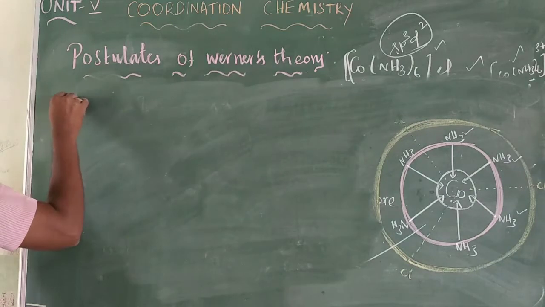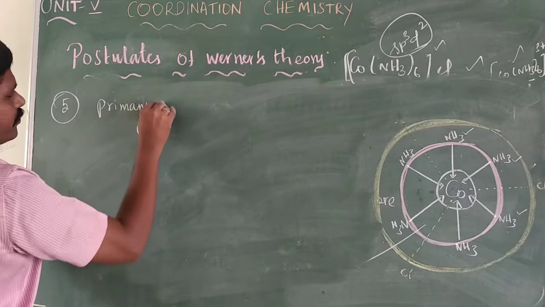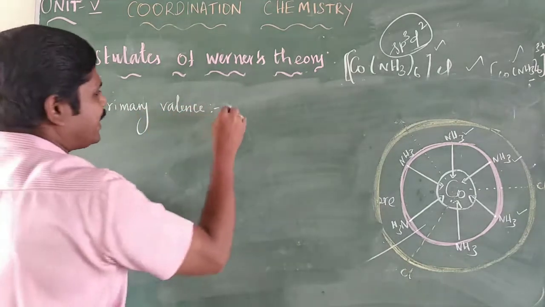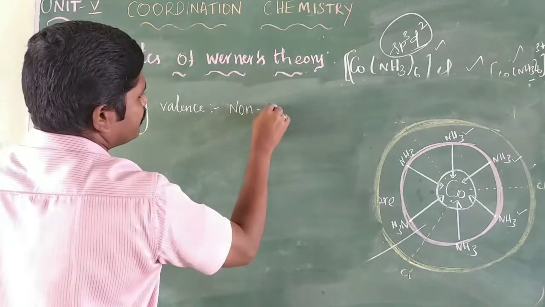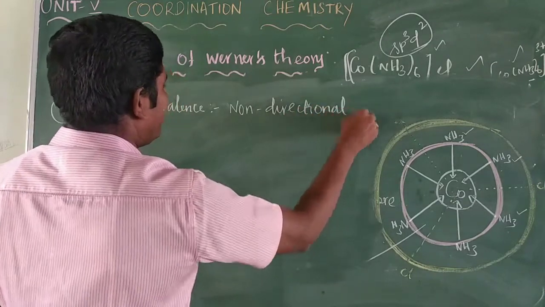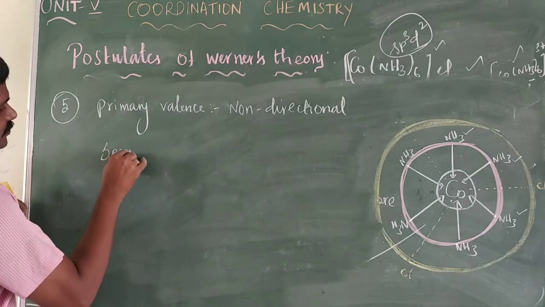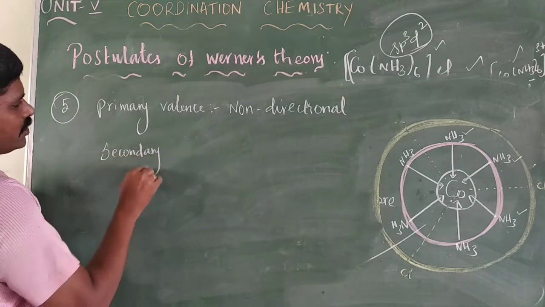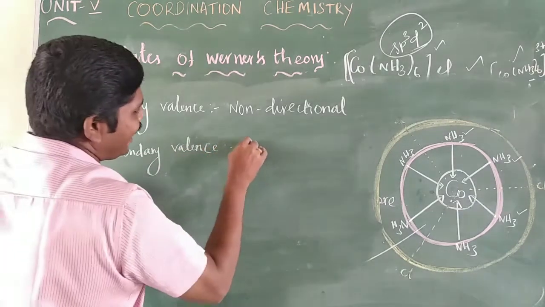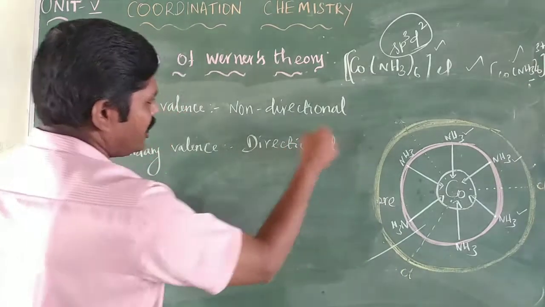The fifth point is about primary valency. The primary valence is non-directional in nature. The secondary valence is directional in nature.